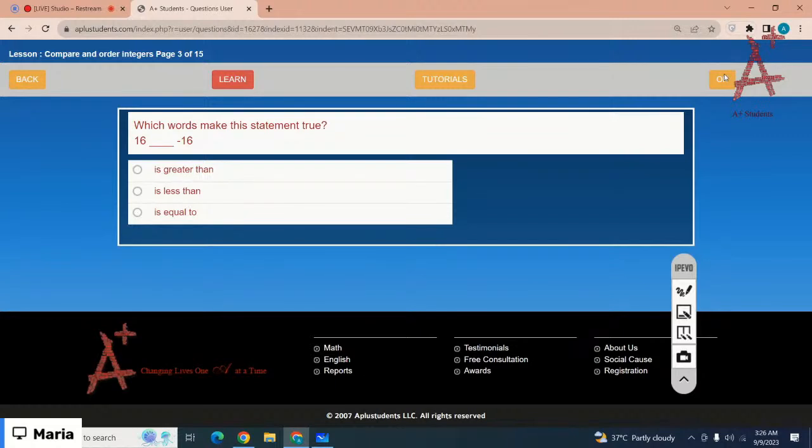Which words make this statement true? 16 and negative 16. Which is the correct option? Yes, 16 is a positive number, and positive numbers are always greater than negative numbers.